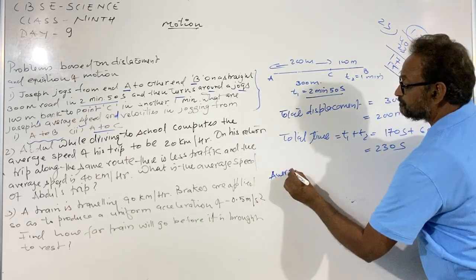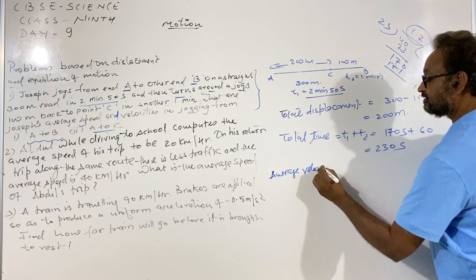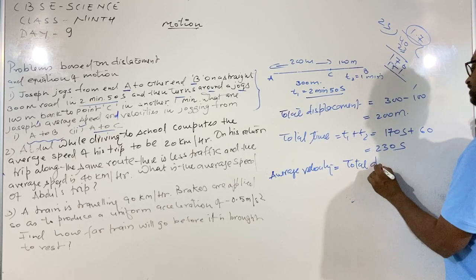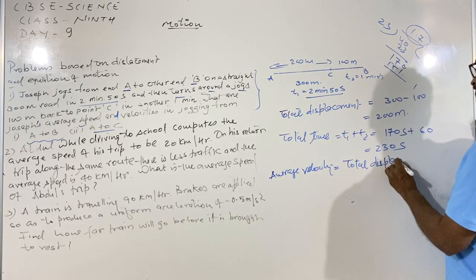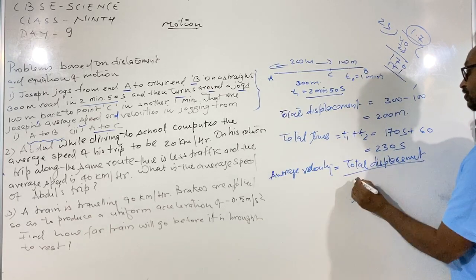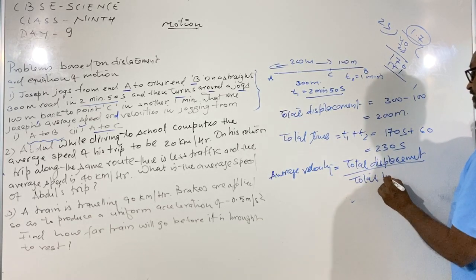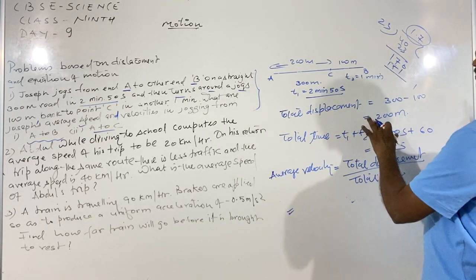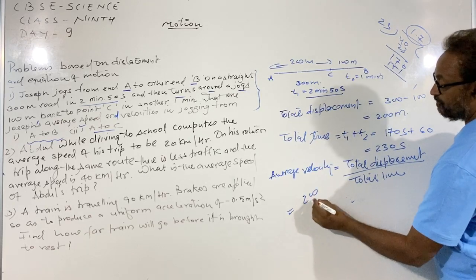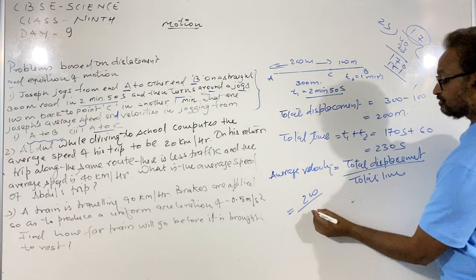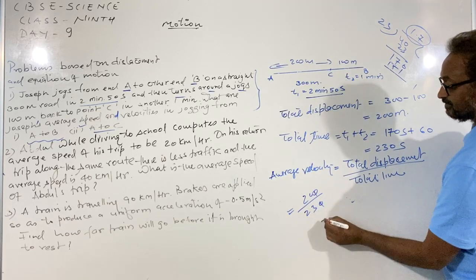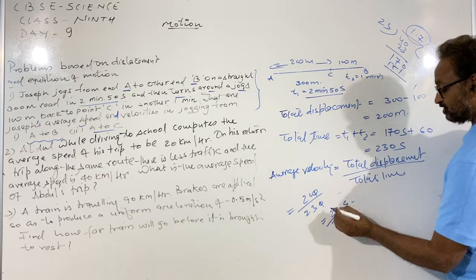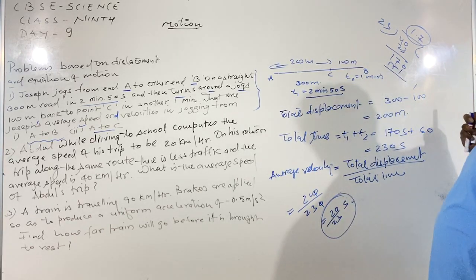Average velocity is equal to total displacement over total time, that is total displacement is 200 meter over total time is 230 seconds, that is 20 over 23 seconds. Now please convert it into decimal fraction and get the answer.